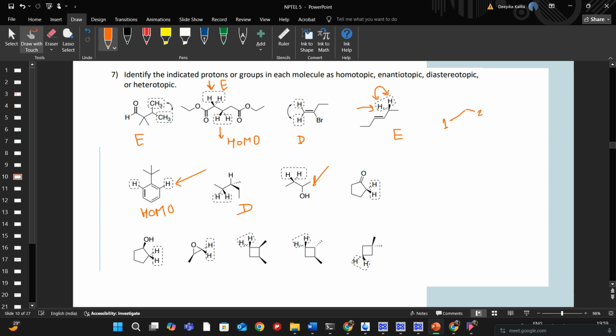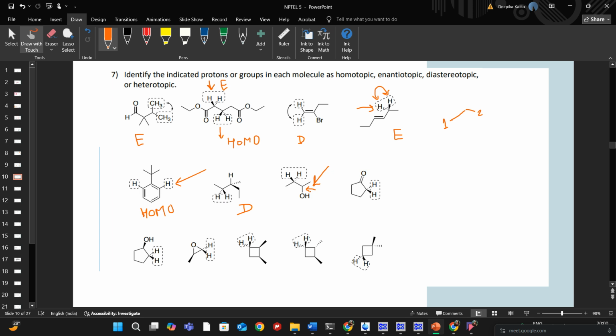Now, in this particular example, although there has not been shown any stereochemistry to the hydroxyl group, it will be either above the plane or below the plane. Okay, this cannot be linear.